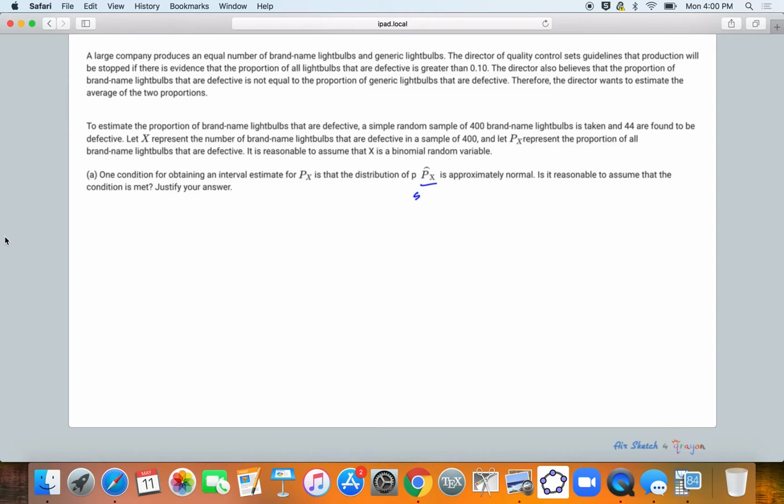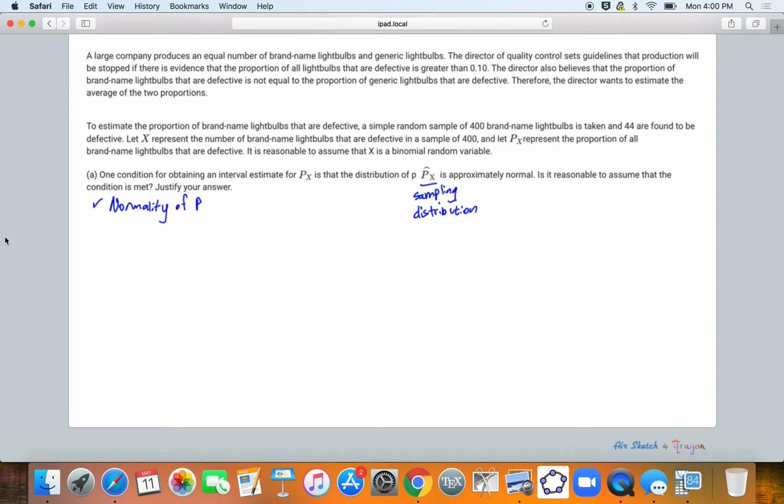P hat sub X is the sampling distribution. And it says, is it reasonable to assume that the condition is met? Justify your answer.